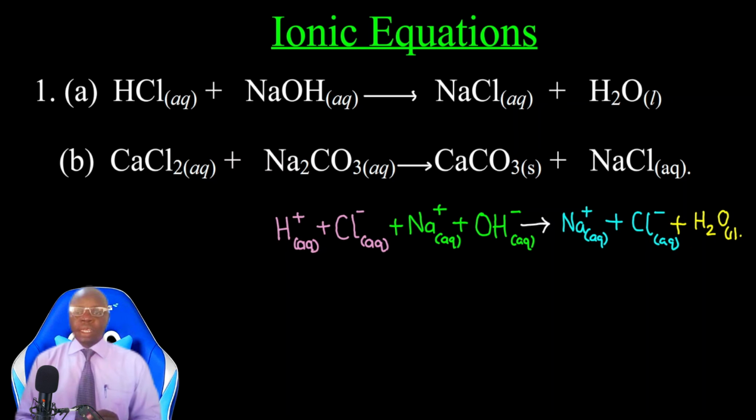So we can see here that the chloride ion is common on both sides, so we can cross this chloride ion with the chloride ion on the product side. Again, we can see that the sodium ions are also the same on both sides, so we can also cross them out. So here the sodium cancels on both sides.